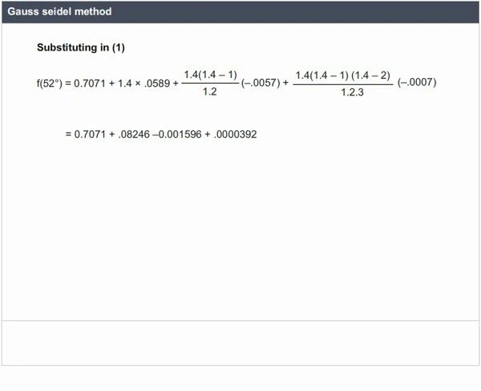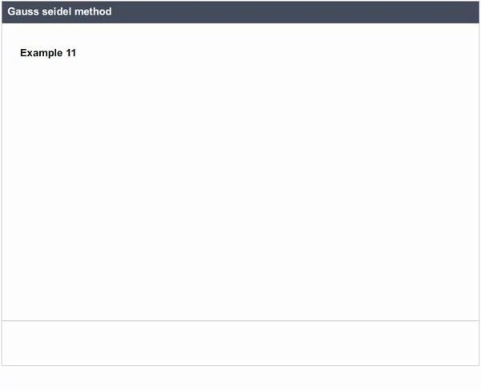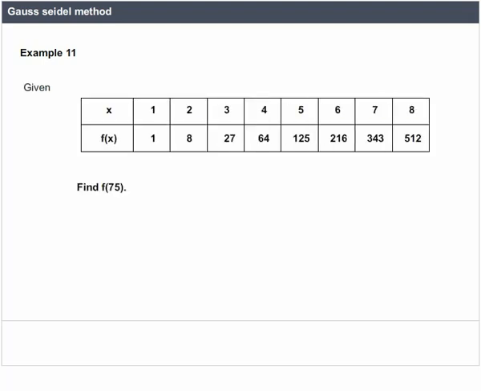Then we get 0.7071 plus 0.08246 minus 0.001596 plus 0.0000392. Then finally 0.788032 approximately.